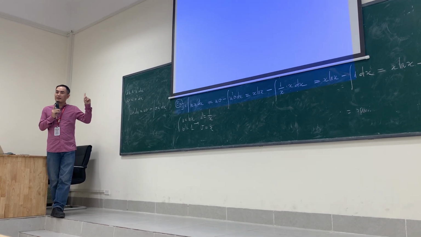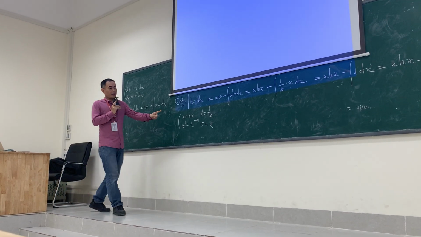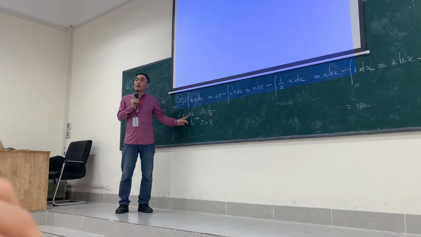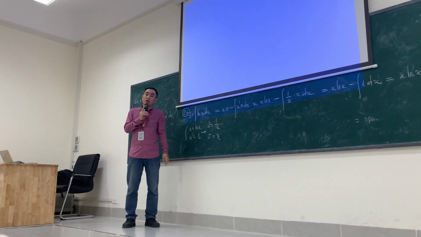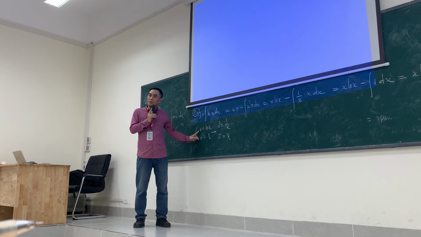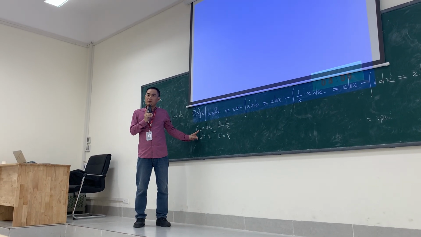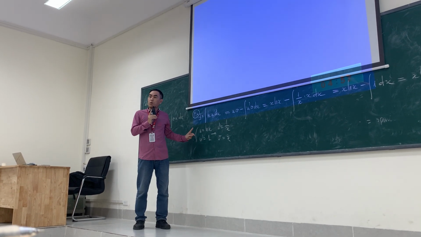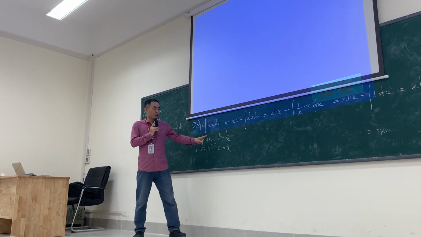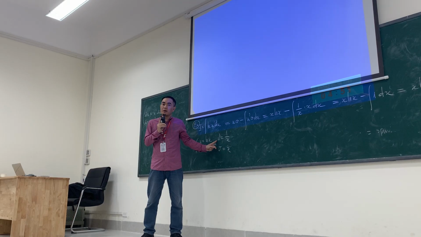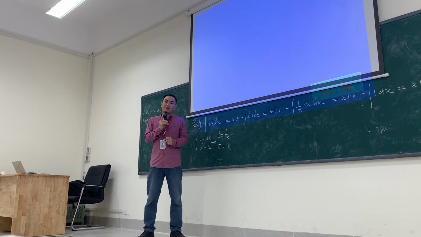Now, another function: u may be a polynomial. When you take the derivative, it becomes a simpler function. If u is a polynomial of degree n, when you take the derivative u prime, it becomes a polynomial of degree n minus 1.